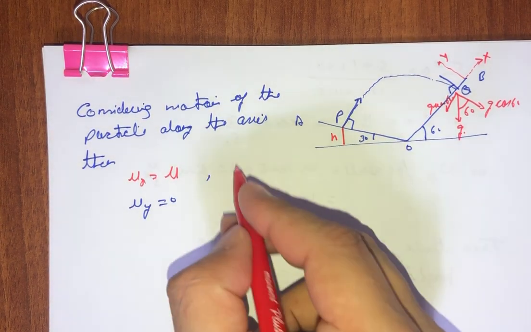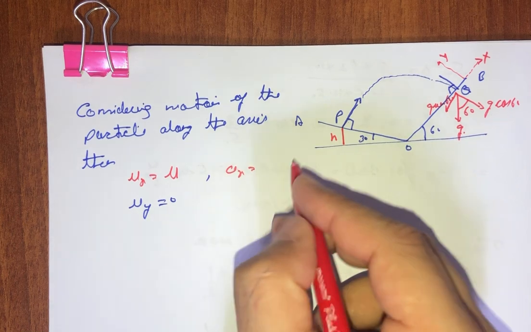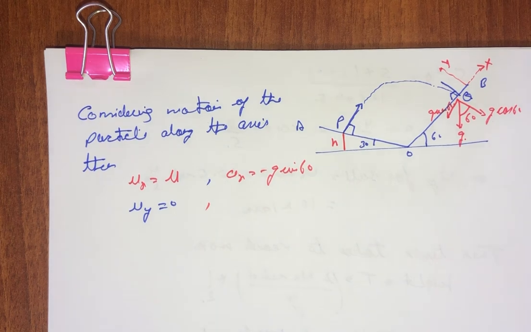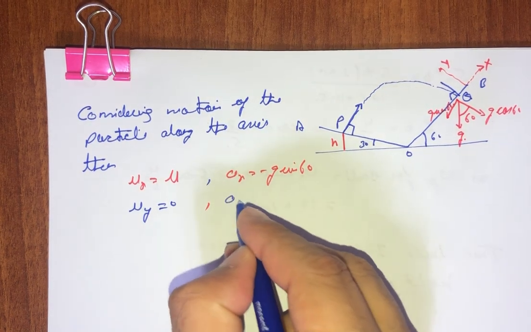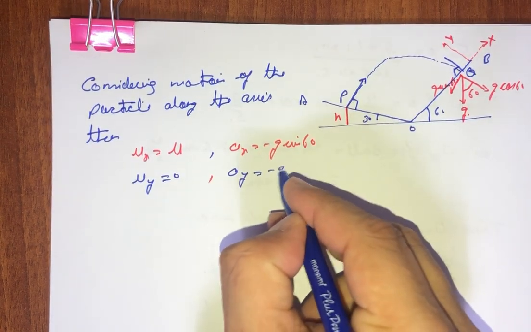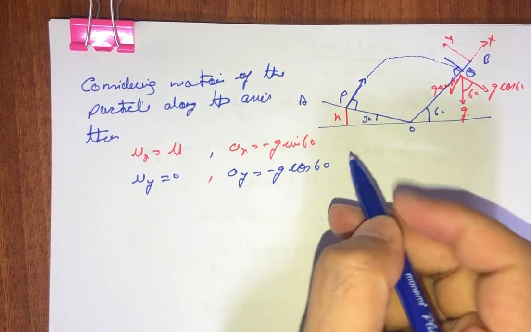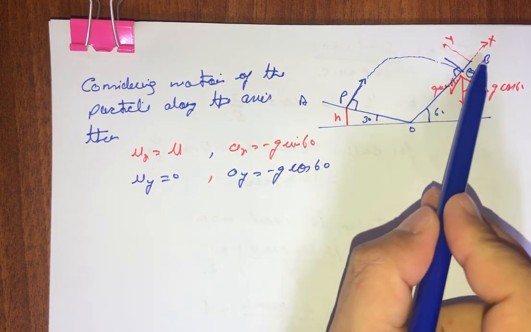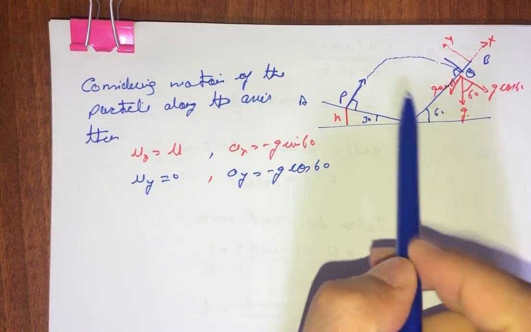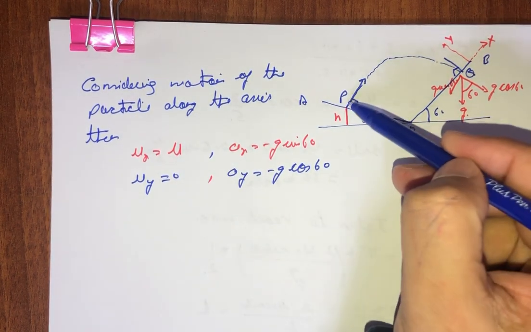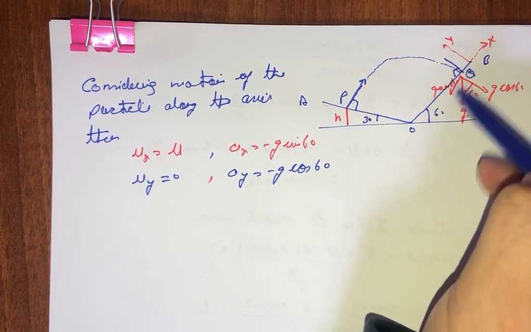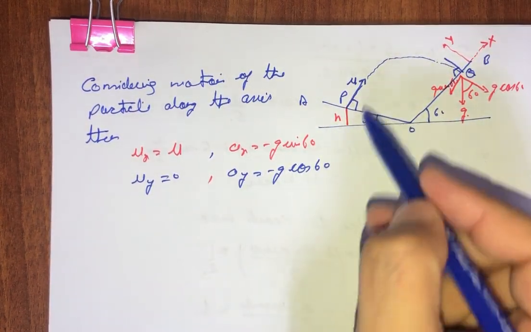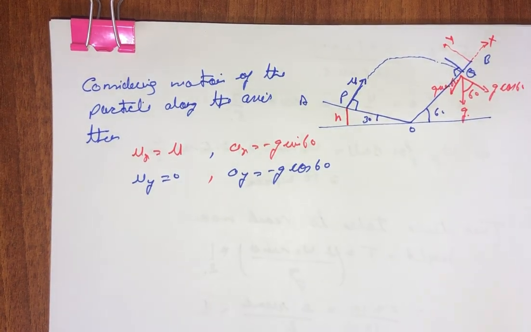The acceleration a of x in the x direction will be minus g sin 60, and in the y direction will be minus g cos 60. We can clearly see this is in the opposite direction. We have considered x positive in this direction, so this is negative, and u of x is traveling in the same direction as the x-axis, so this is our initial velocity u, and there is no component in the y direction, so u of y is equal to 0.